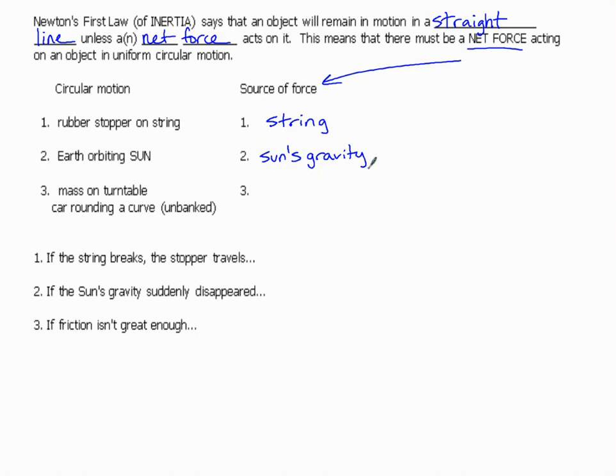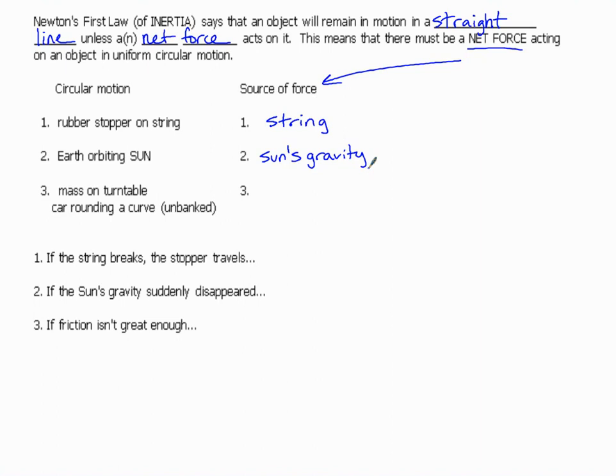What about the mass on the turntable? Remember, we have this wooden disc on a turntable, and it's just rotating in a circle. This mass is just an object that sits on top of this circle and travels around. Maybe a little bit easier to think about is a car that is going around a curve.